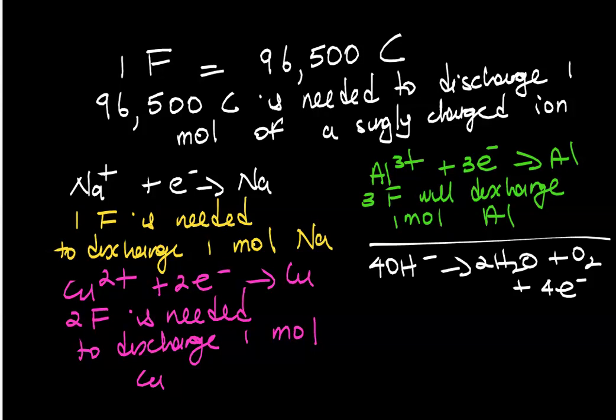How many Faradays will I require to give me 1 mole of oxygen? 4 Faradays, 1 mole of O2. Look, 4 electrons, and this is a 1 there. Do you all see it? Yes. Can you tell me if you're fine here?